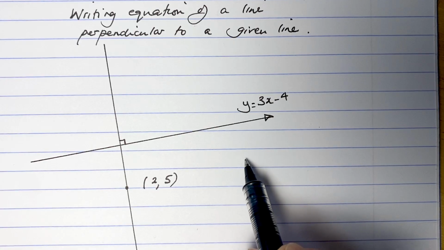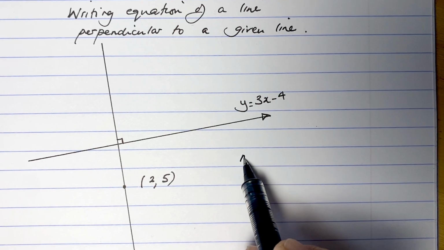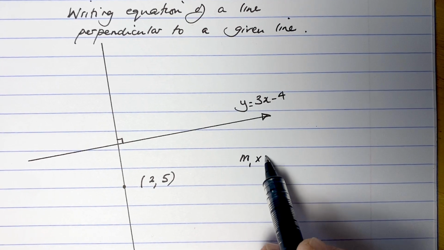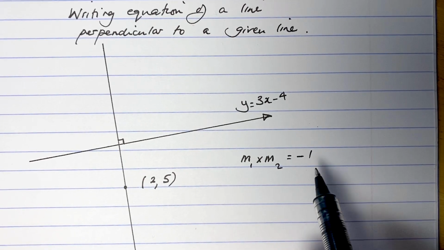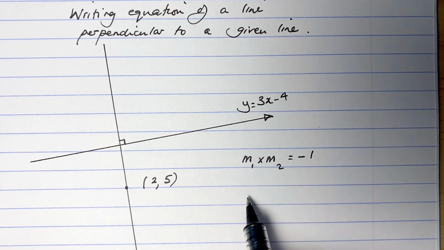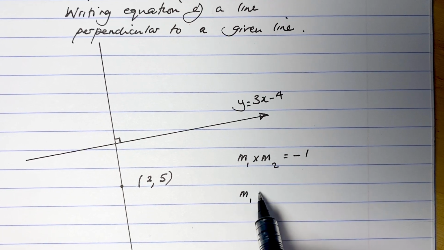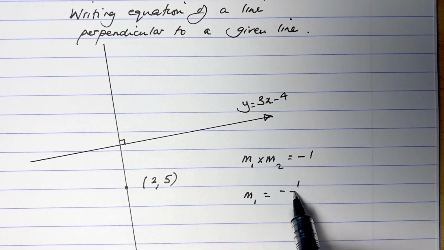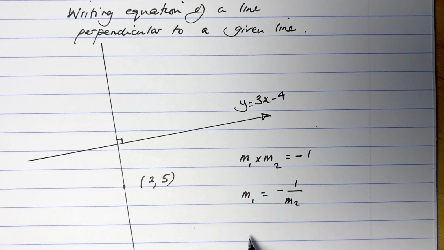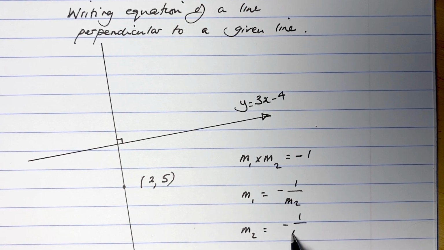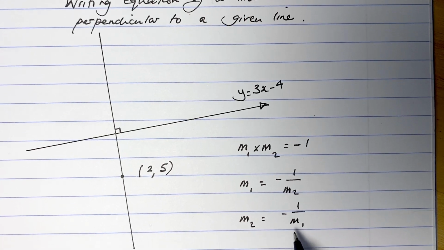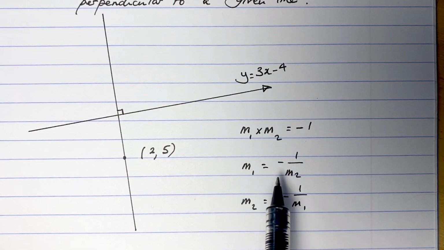So the condition for two lines being perpendicular is m1 times m2 equals -1. If you make m1 the subject, m1 would be -1 over m2. Or if you make m2 the subject, it would be -1 over m1. So that means the gradients are negative reciprocals of each other.